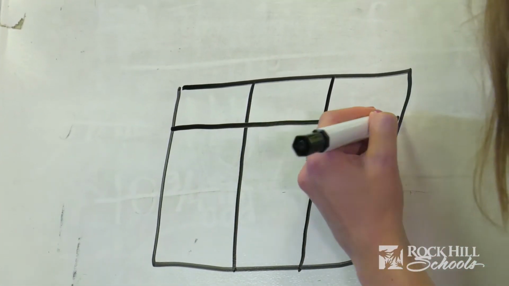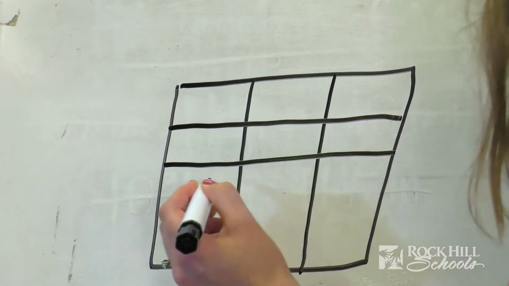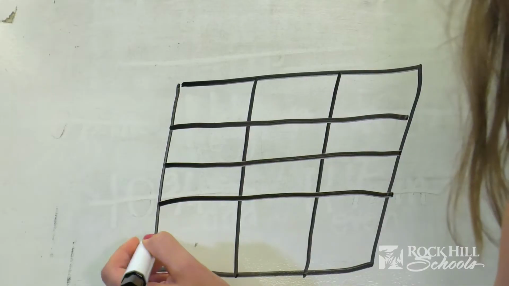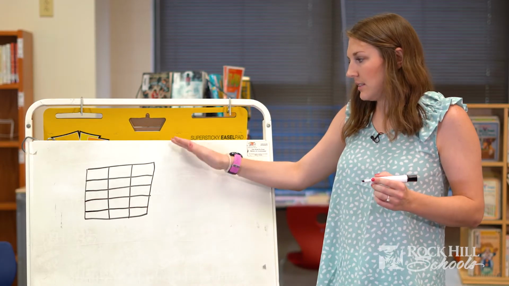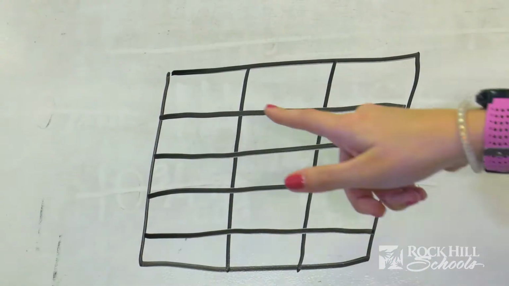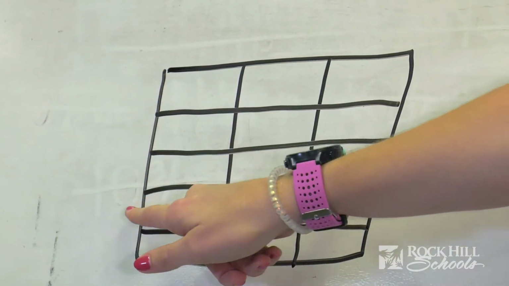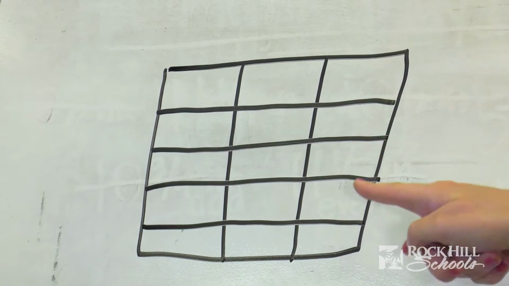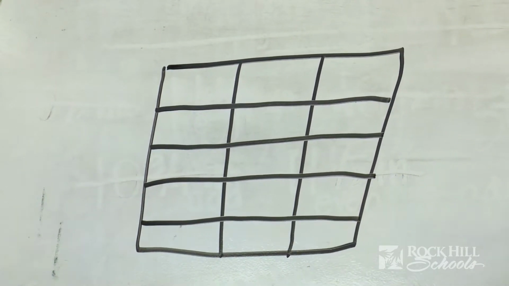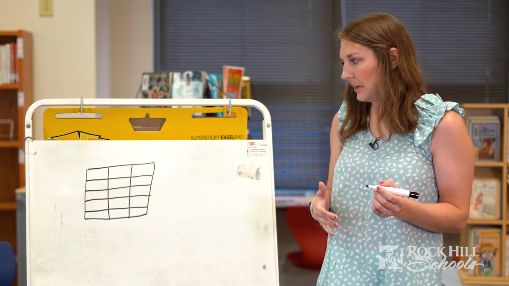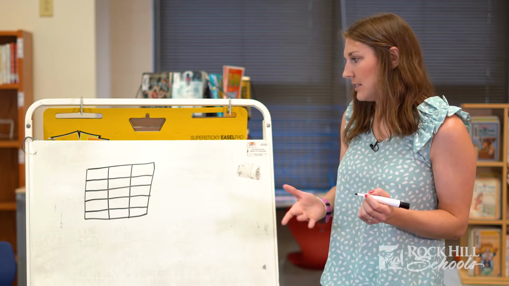So we are going to draw a picture to help us remember what it looked like. So this is our picture of our bookshelf. So we see our 1, 2, 3, 4, 5 rows, and then we see our 1, 2, 3 in each row. So we are going to use repeated addition to help us solve this problem.